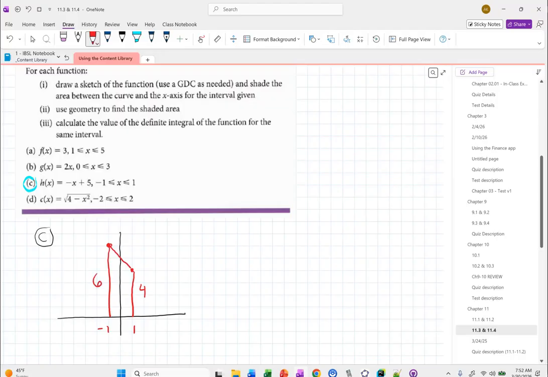What type of shape do you guys see here? What type of shape is this red thing? Trapezoid, very good. What's the area formula for a trapezoid? It is the average of the bases times the height.